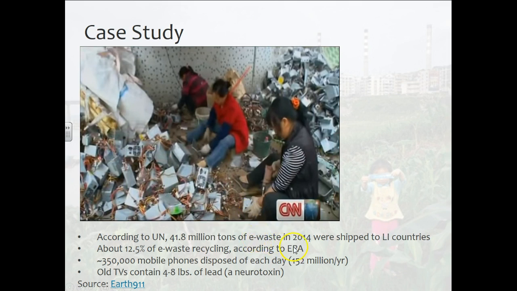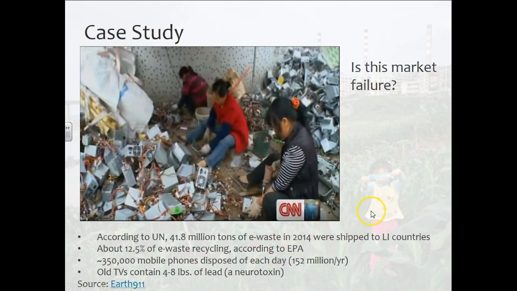So this is a very important problem that still goes on today, particularly in far eastern countries. The Environmental Protection Agency found that about 12.5% of e-waste was recycled this way. So it's a really big problem.